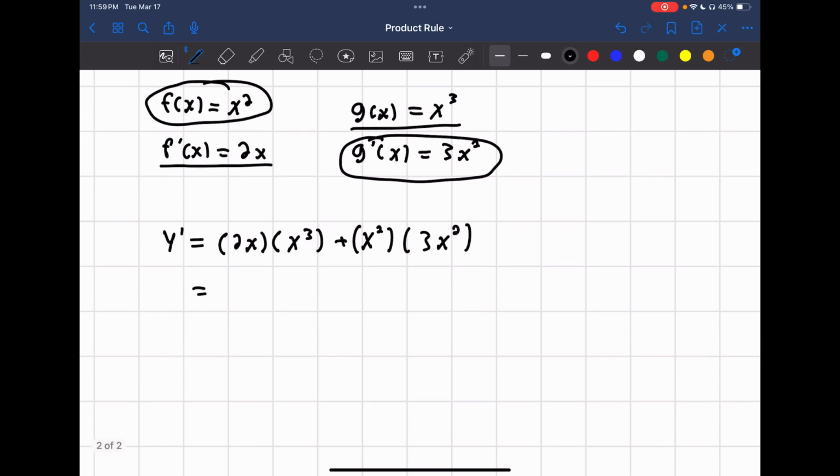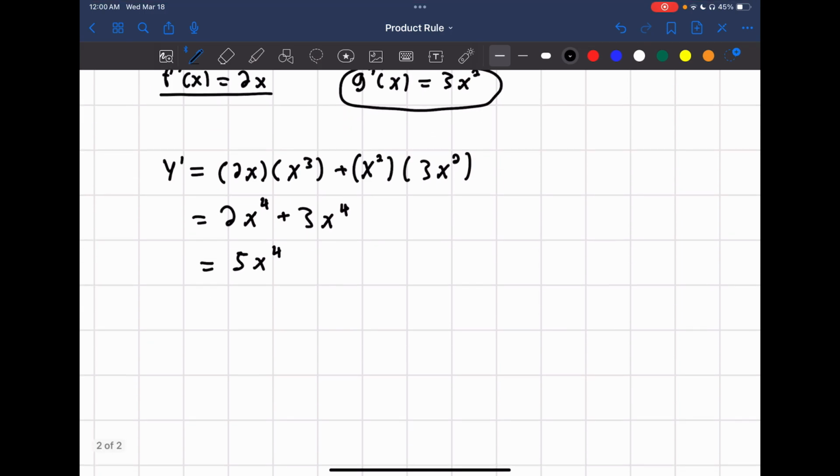And this can be simplified to 2 times x to the power of 4 plus 3 times x to the power of 4. And this can be simplified to 5 times x to the power of 4. And this will be our final answer.